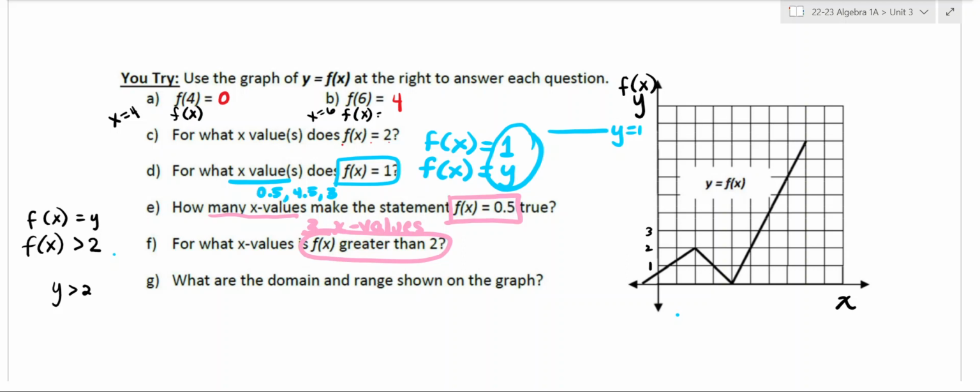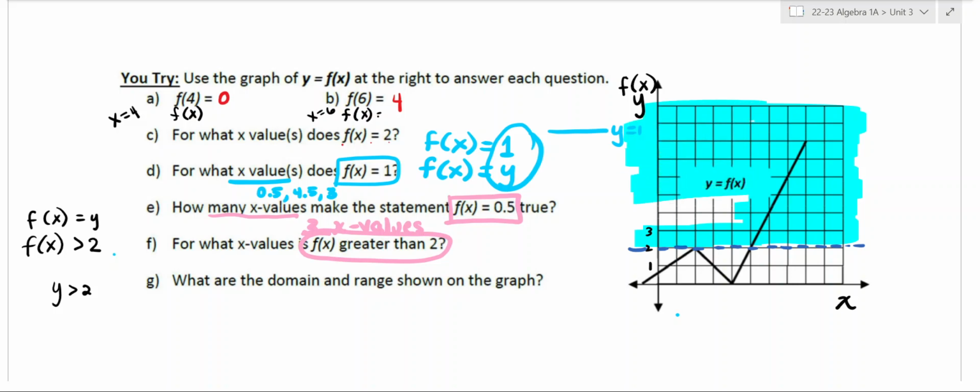Right, here we go. Y is greater than 2. This is 2 right here. Let's get some highlighter. So all of this is where y is greater than 2. And it goes on forever.